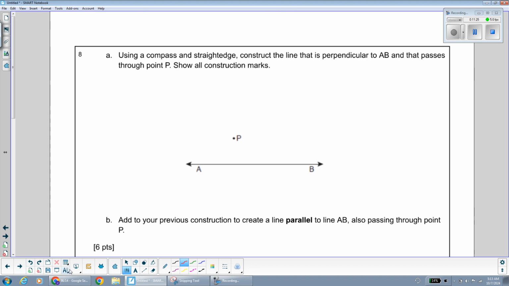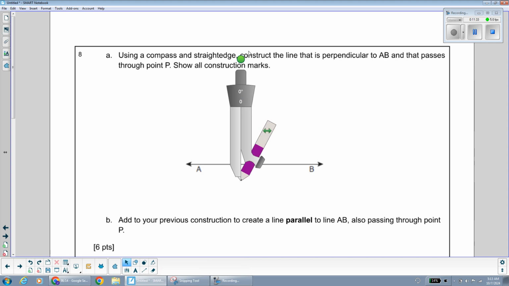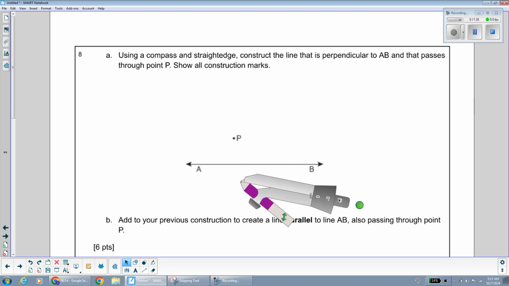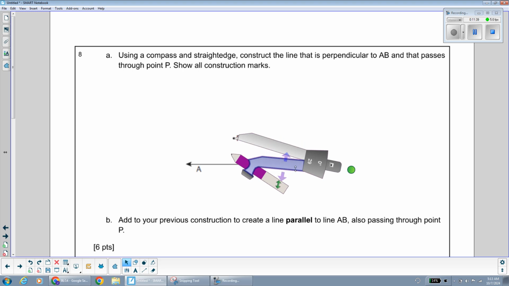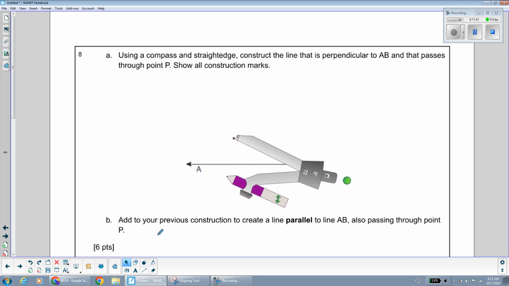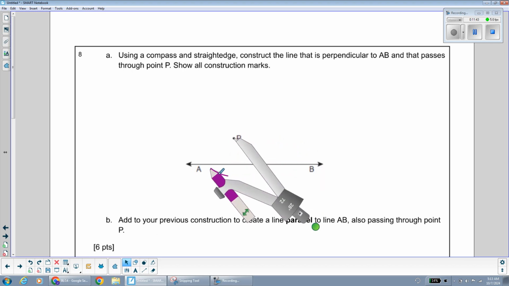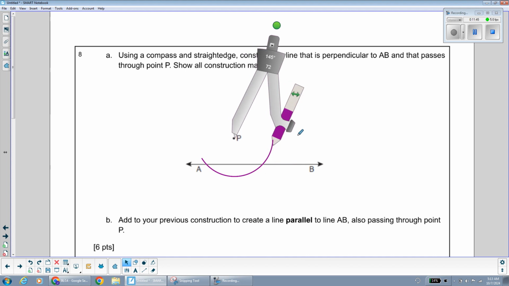Okay. For this one over here, we're going to make a perpendicular line that passes through the given point. So we're going to start off with our compass on the point that we wanted to pass through. And we can make a circle.